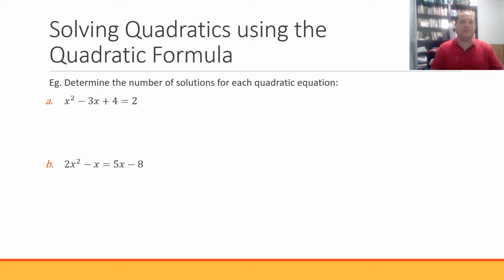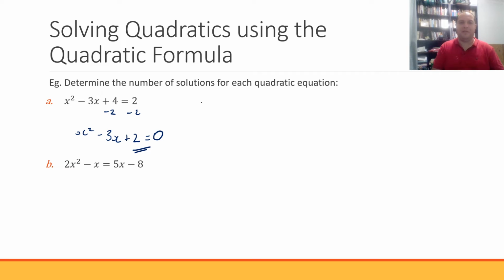In a couple of examples, let's determine the number of solutions for each quadratic equation. The key thing with our quadratic equation, guys, is we need to make sure that if we want to use the discriminant, one side of our equation has to equal 0. So in this case, I'm going to subtract 2 from both sides. So it's x squared minus 3x plus 2 equals 0.